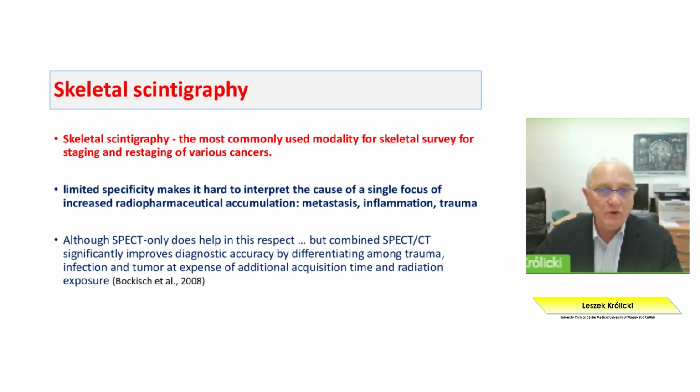We know that the bone changes appear not only in oncological diseases, but also in case of inflammations, metastases, or trauma. So when we observe just a single lesion and a single parameter, it is hard to interpret properly based on the images.